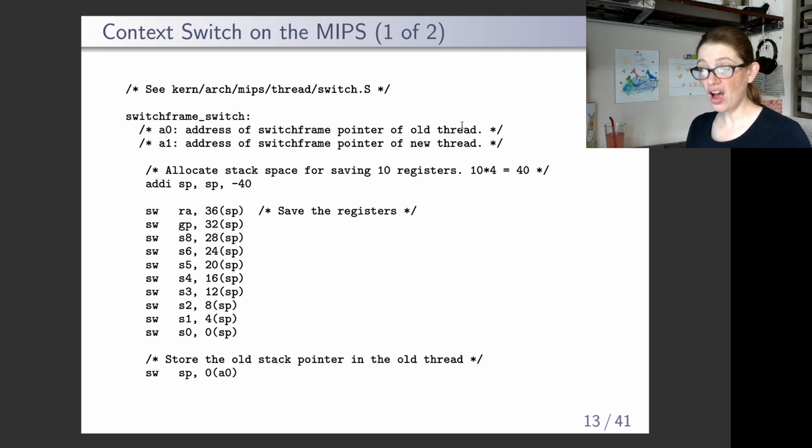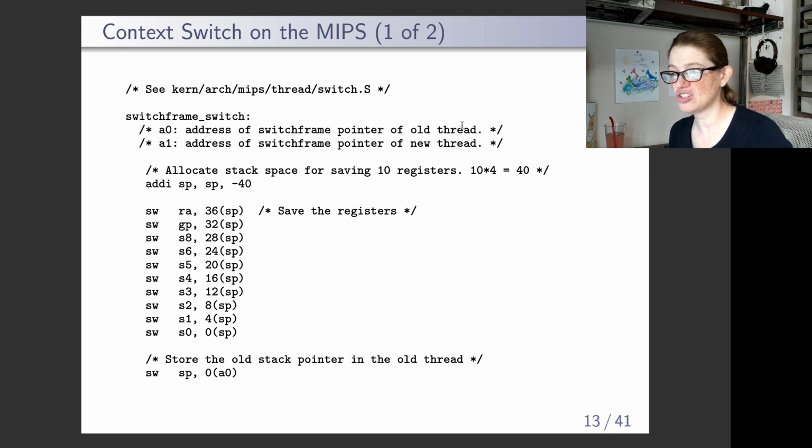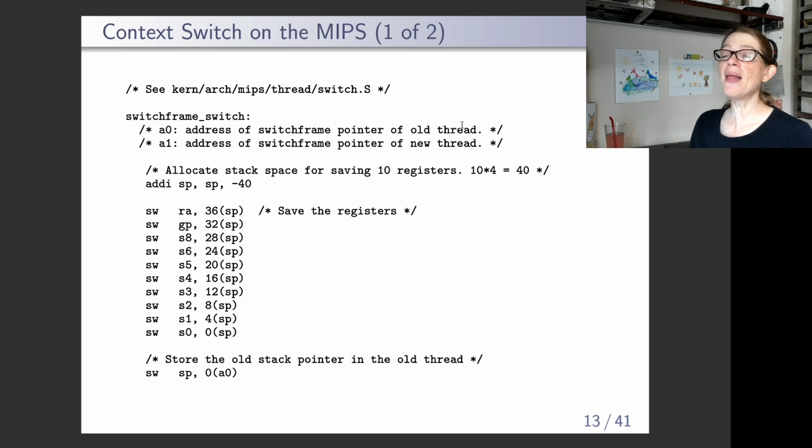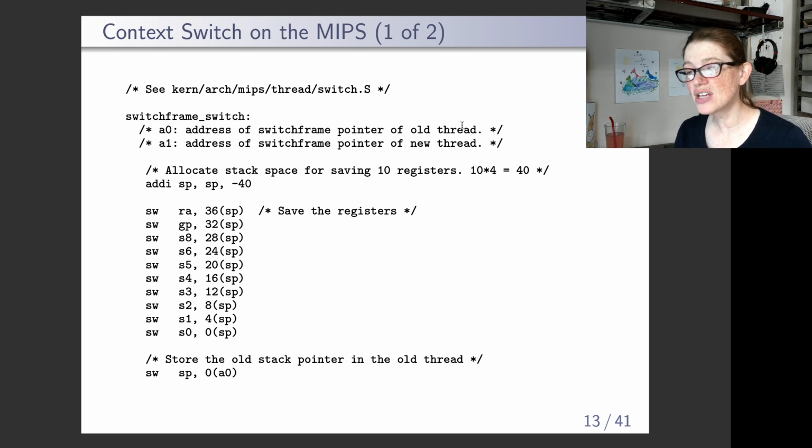It will not save any of the callee save registers, which means that we need to write a function in assembly specifically to save those other registers, the callee save registers. And that's exactly what switchframe_switch does. Now, as per the question on Twitch, where do these register values get saved? They're being saved onto the thread's stack.